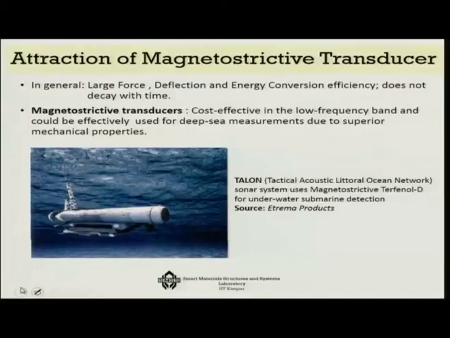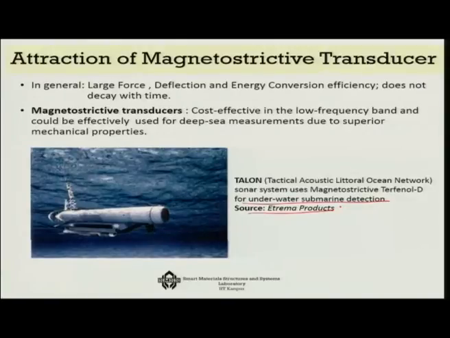There is one such transducer, TALON, that is Tactical Acoustic Littoral Ocean Network, TALON software sonar system, that uses magnetostrictive Terfenol-D for underwater submarine detection, like Etrema products. You will see this type of applications.